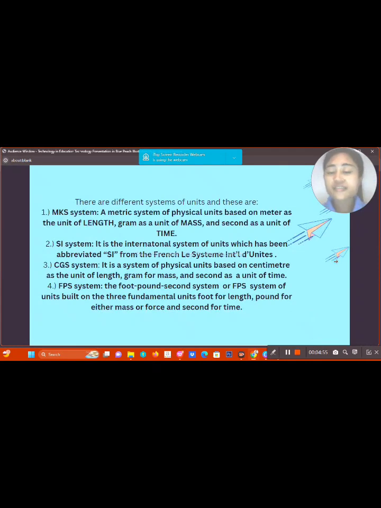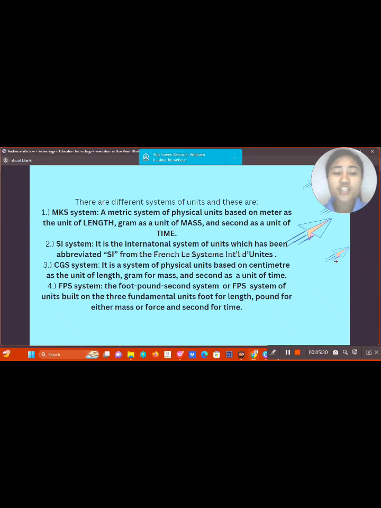There are different systems of units. First is the MKS system, where M stands for meter, K for kilogram, and S for second. Next is the International System of Units, or SI, abbreviated from the French Système International d'Unités.